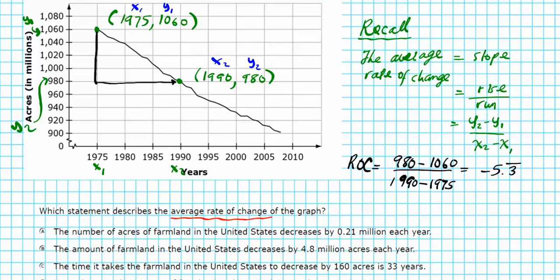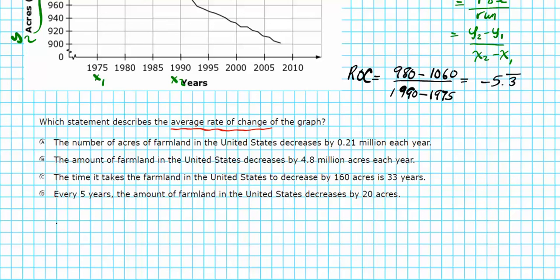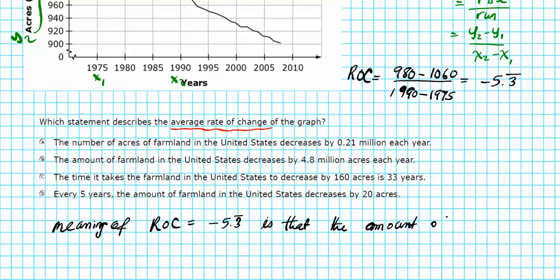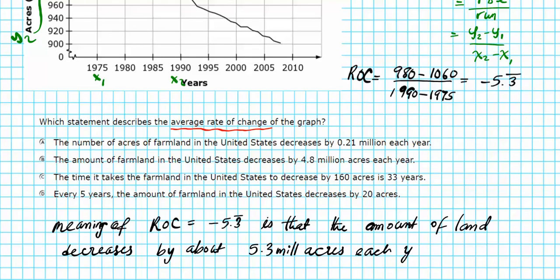So the meaning of the rate of change equals negative 5.3 is that the amount of land decreases by about 5.3 million acres each year. So this is just our estimation.